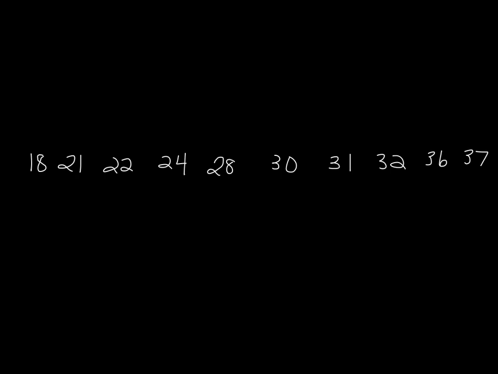We have an even number of data values, 10, which means my 2 middle values are 28 and 30. We add those together, 28 plus 30, and then divide by 2, which is 58 divided by 2, which ends up becoming 29.